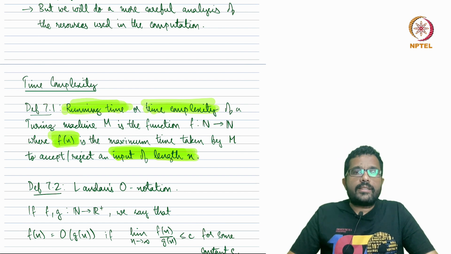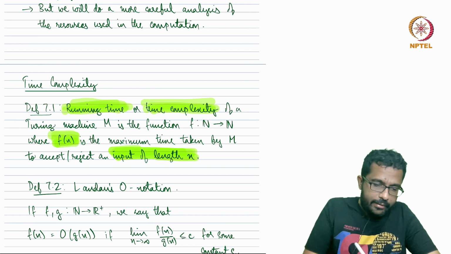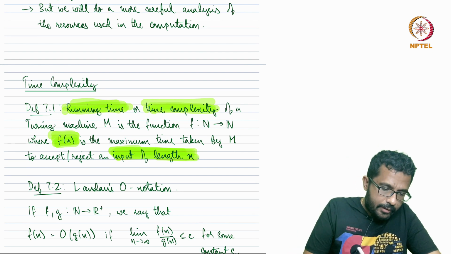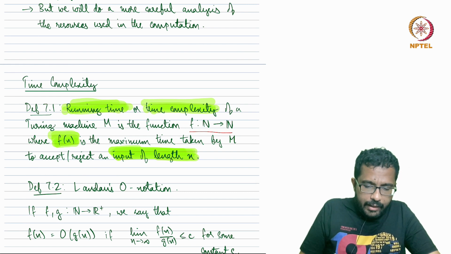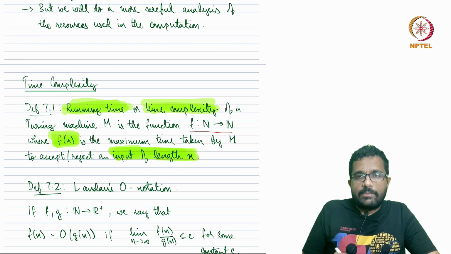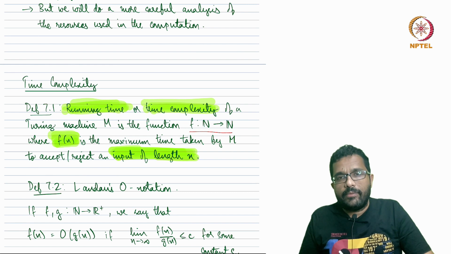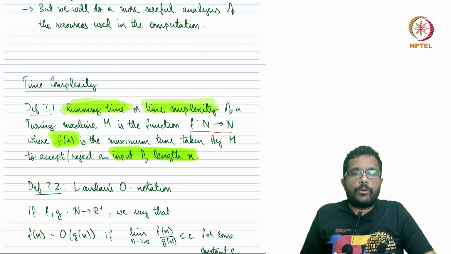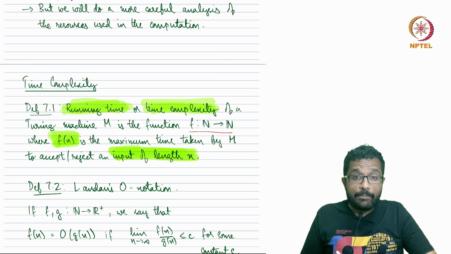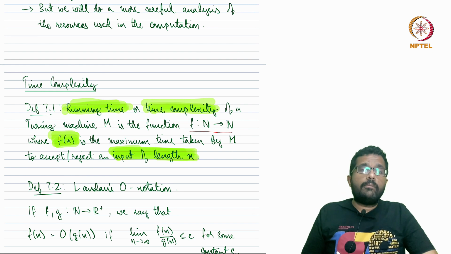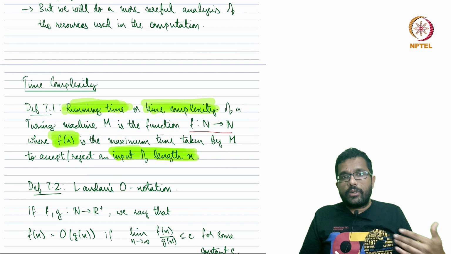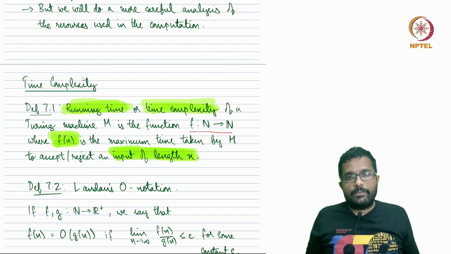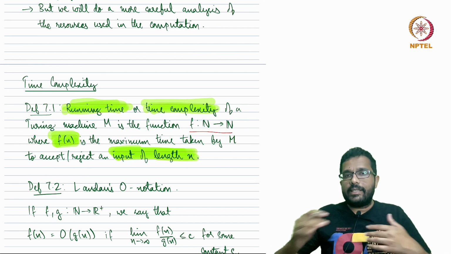So running time is a function from N to N, where f(n) is the maximum time taken by the Turing machine to decide an input of length n. Different inputs of the same length may take different times, so in that case we take the maximum.